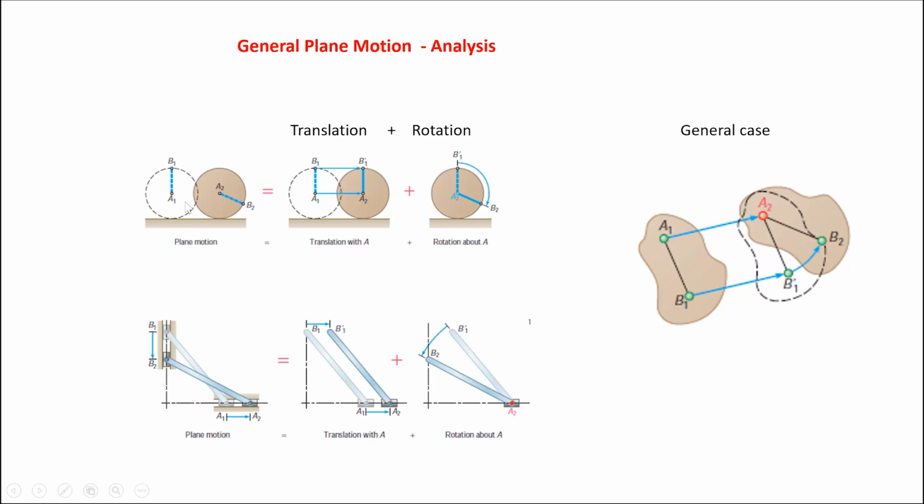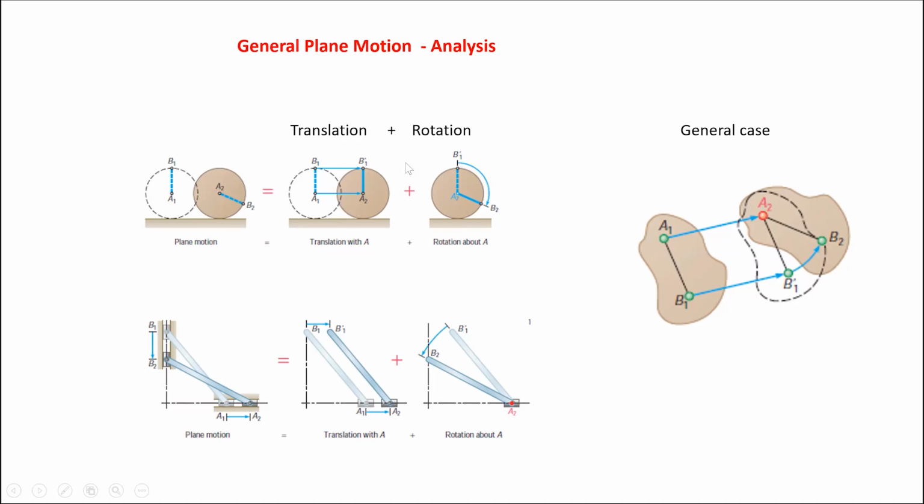For example, in this a disk rolling on a ground, you can see very well that this line A1, B1 after rolling will occupy this A2, B2. Obviously A1 is having this kind of motion, B1 is having some other kind of motion. B1, if you see, is going to have a cycloidal profile, you remember, while A1 is having a rectilinear profile.